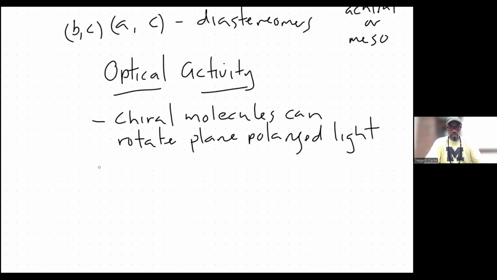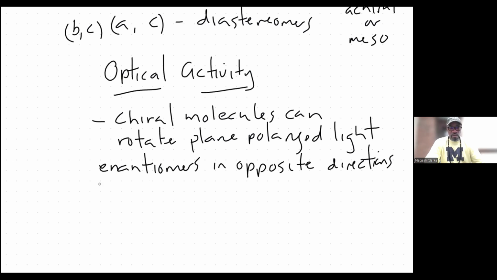So enantiomers will rotate that plane polarized light in opposite directions. So either clockwise, we call that plus, or counterclockwise.